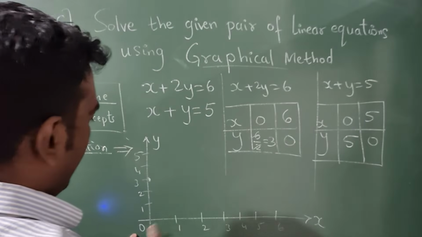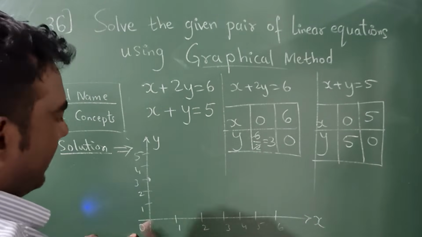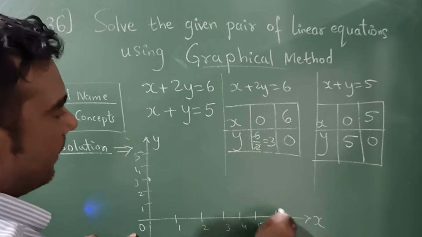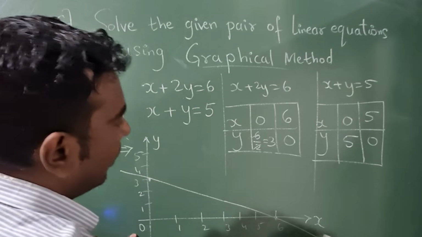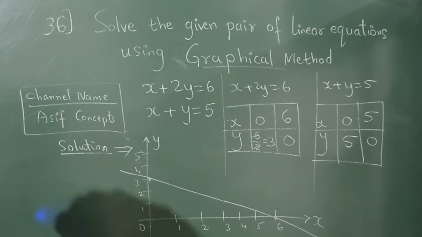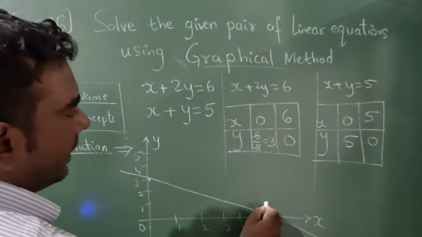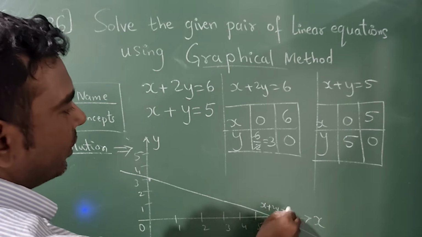Now y is 0, again start here. x is 6. On the x-axis, 6 is here. Draw a line with the scale, and right here write x plus 2y is equal to 6.